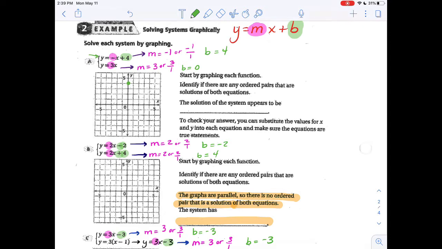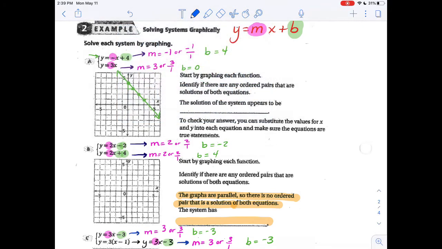And my slope is -1. So I have to go down 1 over 1, down 1 over 1, and that's going to give me my other points on that line. So when I go ahead and connect those dots, you can see so far the graph of that linear equation.